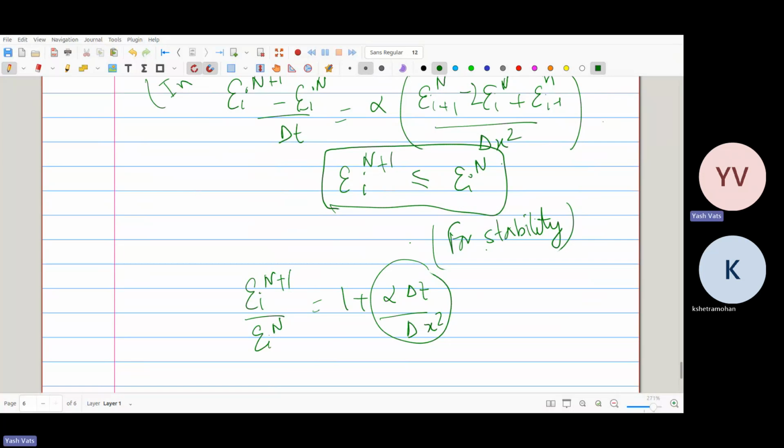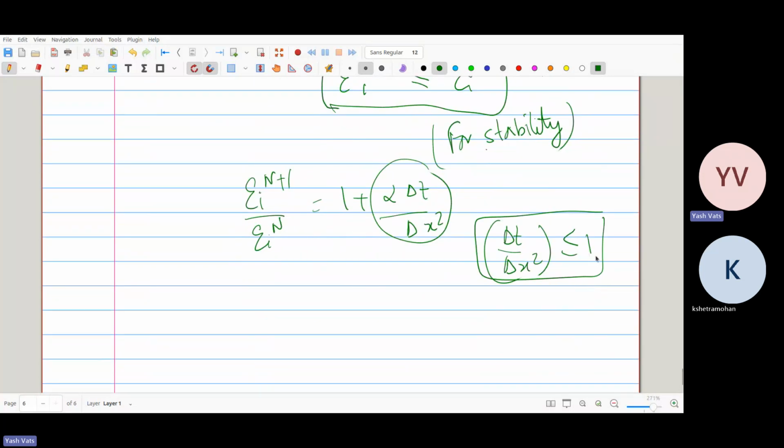It implies a condition that alpha del t by del x square should be less than or equal to half. So that's called the von Neumann criteria.